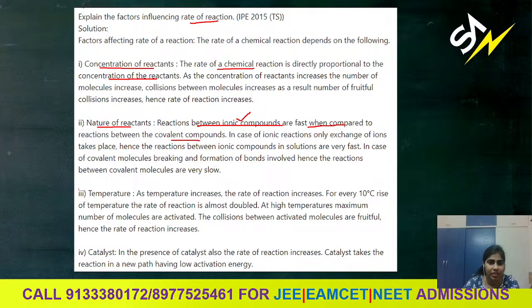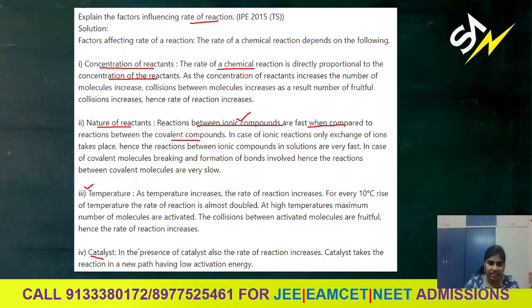And thus one more important factor influencing the rate of reaction is temperature. Temperature is directly proportional to the rate of reaction. When we increase the temperature, the collisions will also increase in the given reaction, and it will be easier to form products.